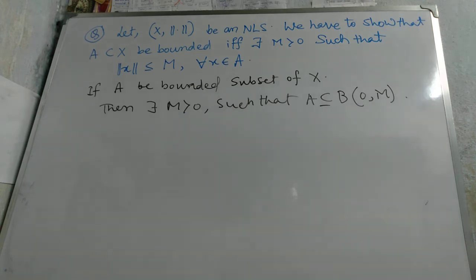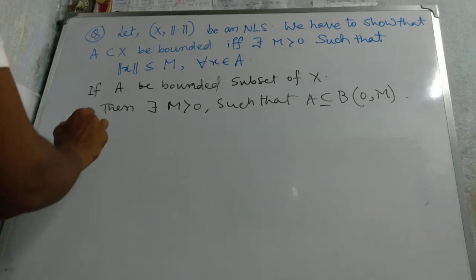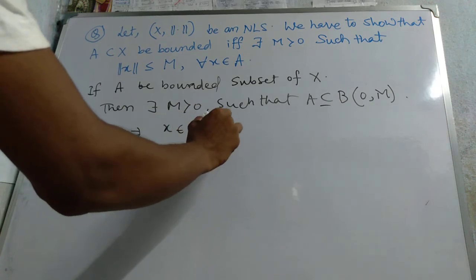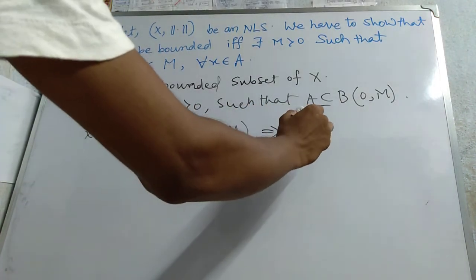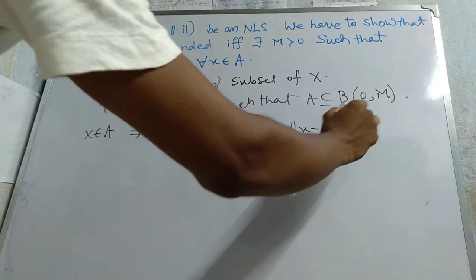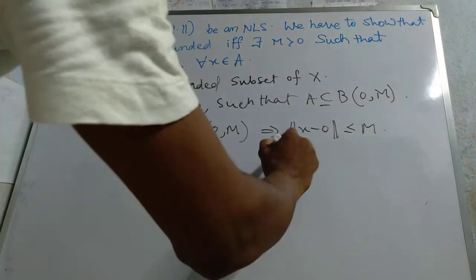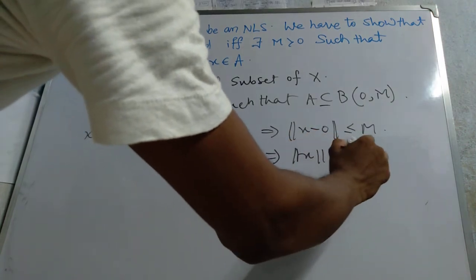If we take 0 belongs to A, then x belongs to A implies that x belongs to B(0, m). This implies the norm of x minus 0 is less than or equal to m. This implies norm of x is less than or equal to m.